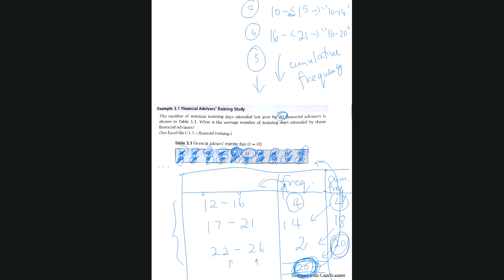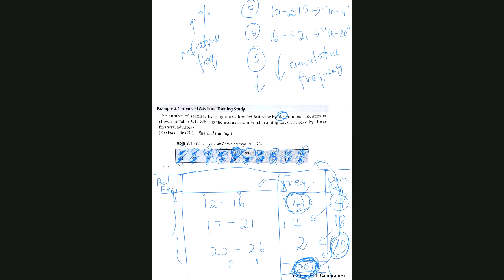You can also be asked to calculate something called a relative frequency, which is just another way of saying convert your values into percentages. So let's suppose, and I'll do it on the side, you were asked to calculate the relative frequency. How you'll do that is you take each frequency. So the first one is 4 over the total of 20, and you'll multiply it by 100 to convert it to a percentage.